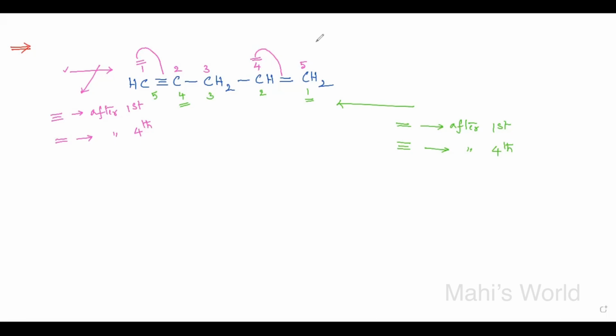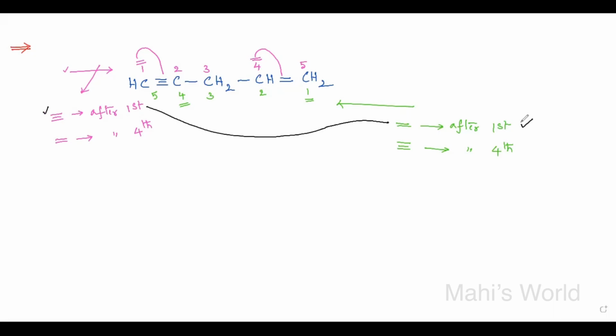Check this out. Now, where do you have competition? Yes, there is competition between these two, after first. When numbers are the same, then we say competition. Triple bond after first if numbers are given from this end. Double bond after first if numbers are given from the other end. Means the double and triple bonds are fighting.